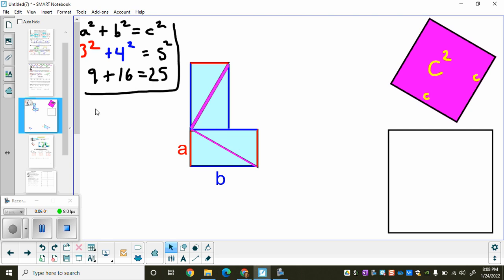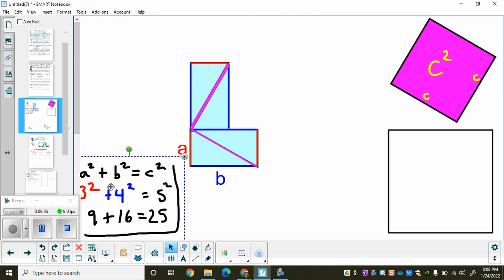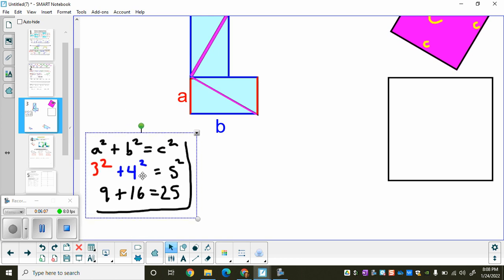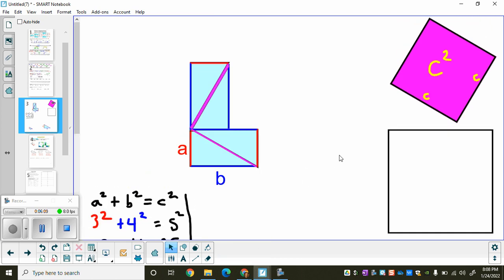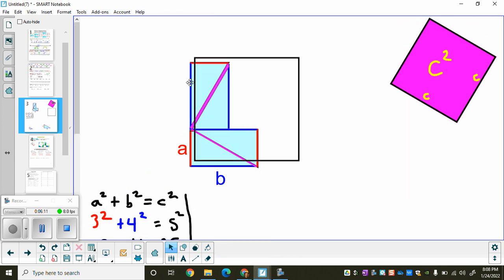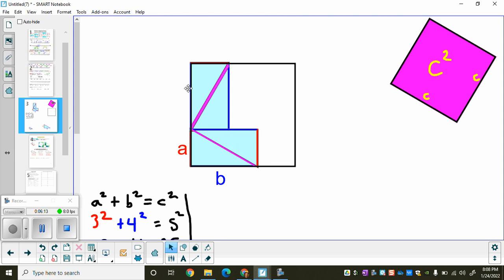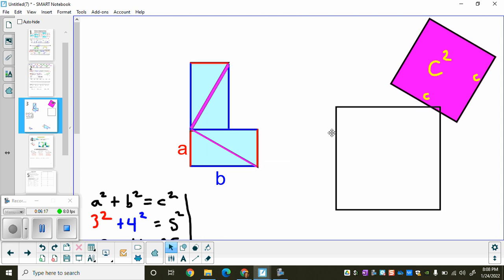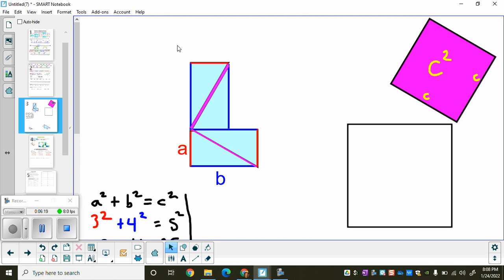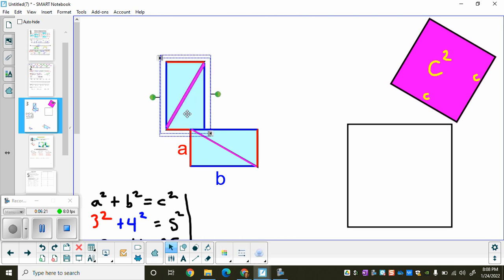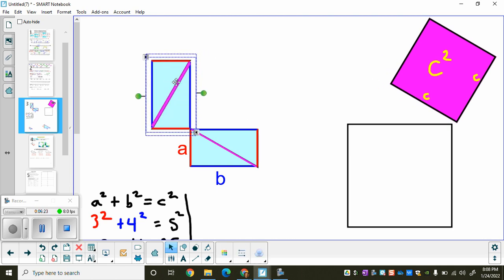All right. I'm going to move this over, and I'm just going to move this down here for right now. I don't want us to forget about this. So the original thing right here, remember, the blue triangles plus the purple square made up this guy. Now all I'm going to do is move this over a little bit, and the blue plus the purple will still equal this.